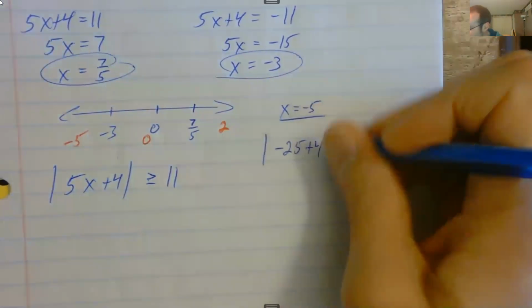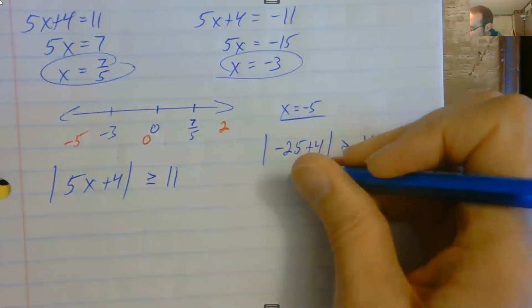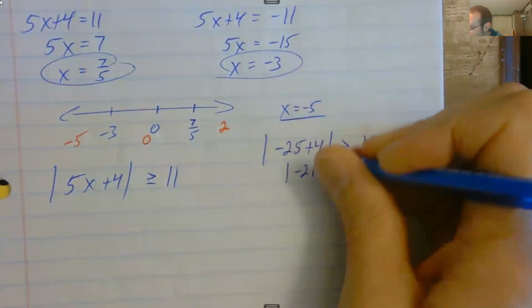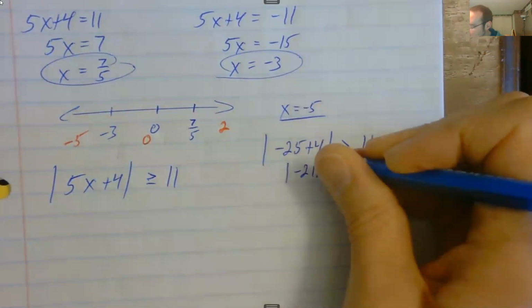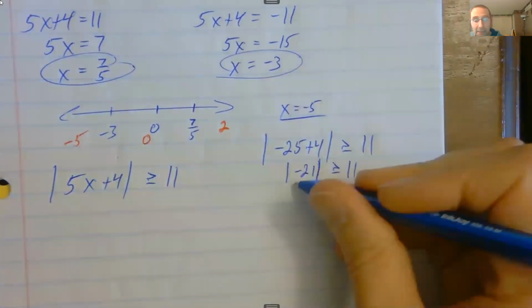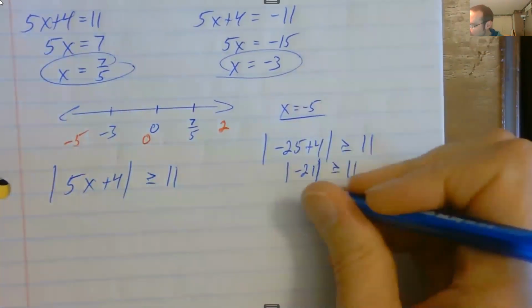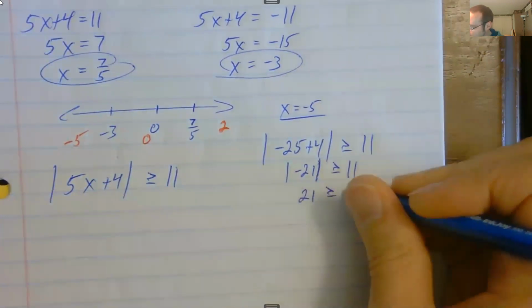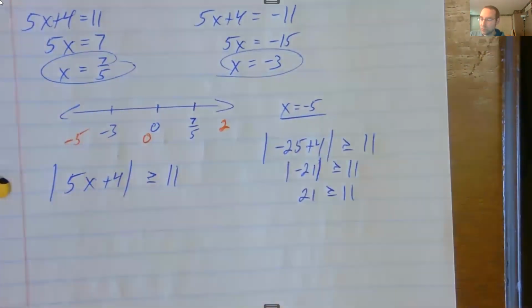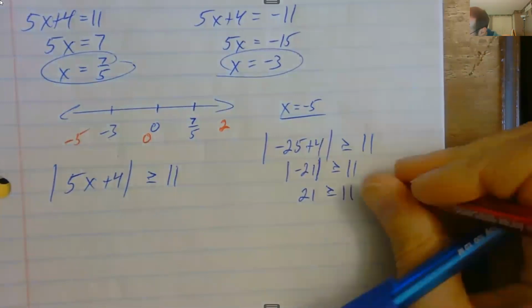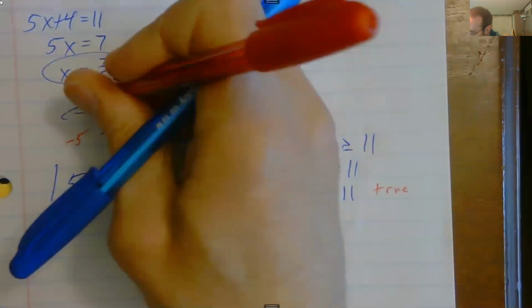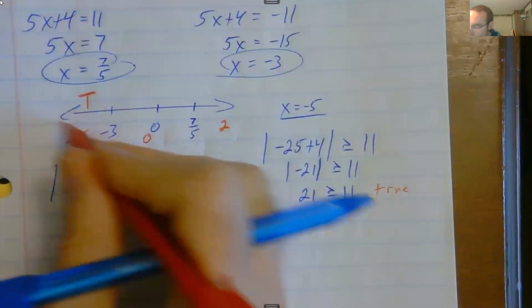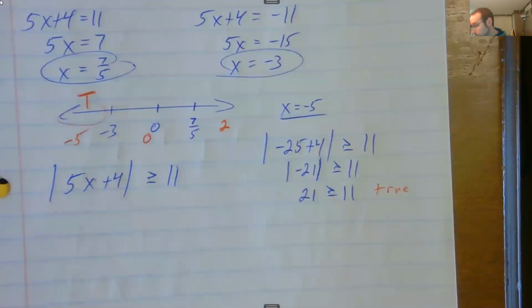Is that greater than or equal to 11? That gives me absolute value of -21, greater than or equal to 11. And absolute value of -21 is just +21. Is 21 greater than or equal to 11? Sure is. That's true. Okay, so that worked for me over here. This region over here was true.